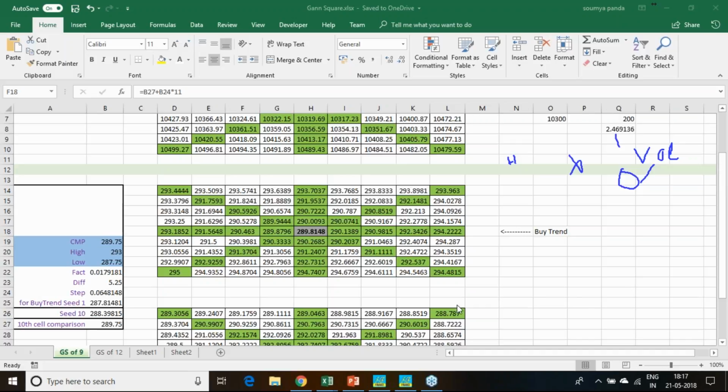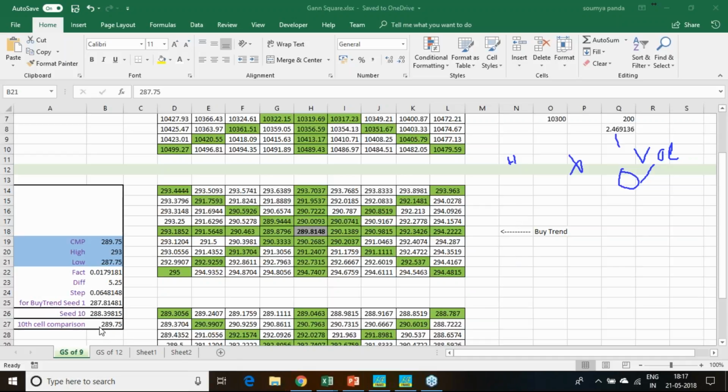Seed means from where my calculation should start: uptrend calculation or downtrend calculation.